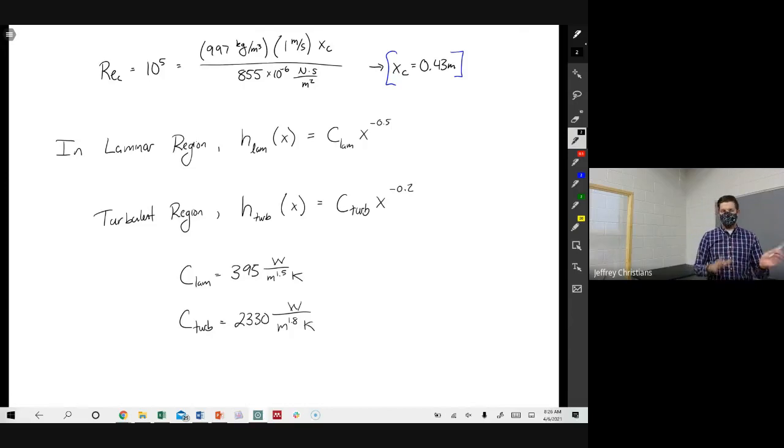These constants can have kind of goofy units, but they work out to have units of convection.